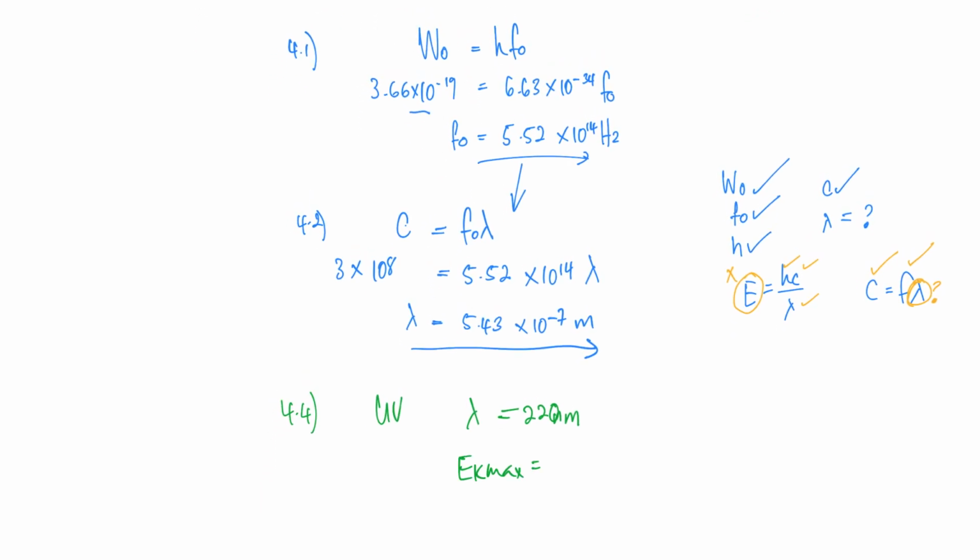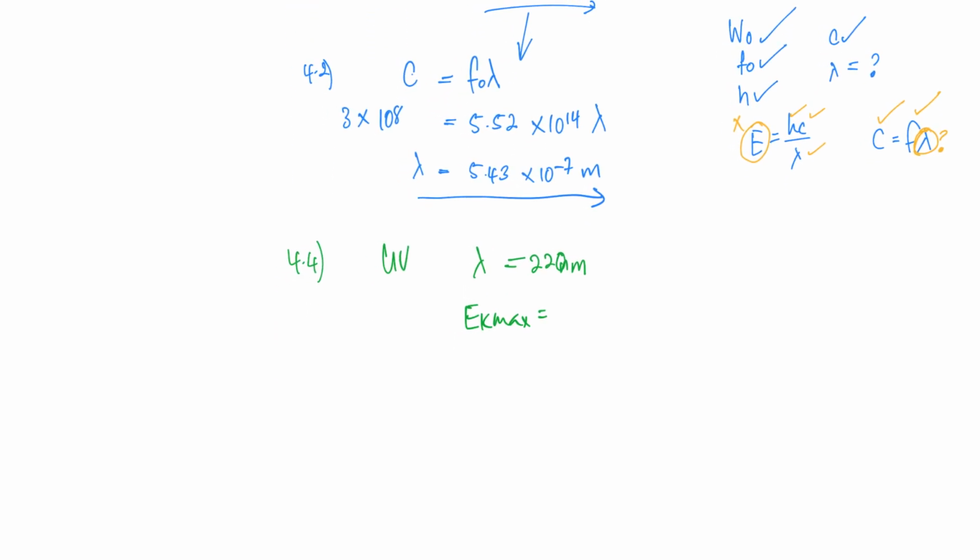So we just look at our formula for EK max, and our formula is E is equal to the work function plus EK max. Now we don't have the energy of a photon. But the energy of the photon, remember I said, is equal to HC over lambda.